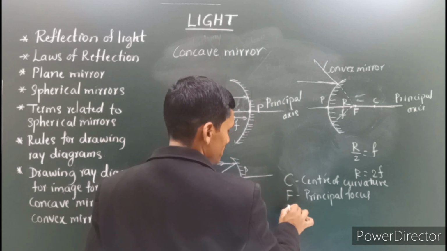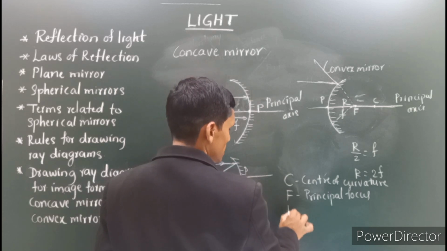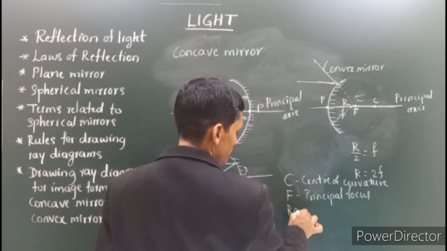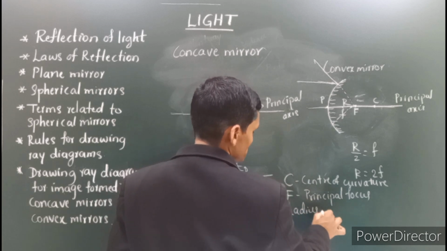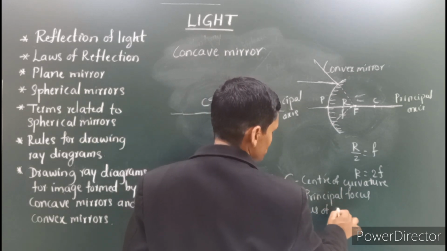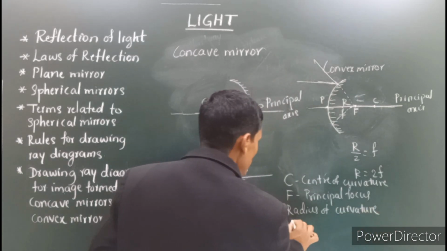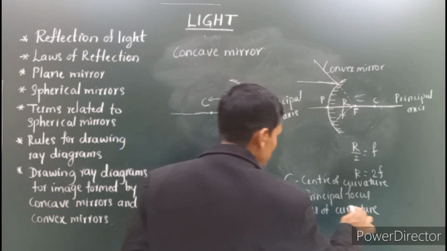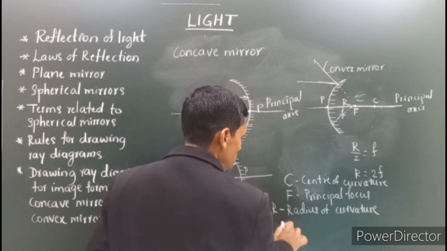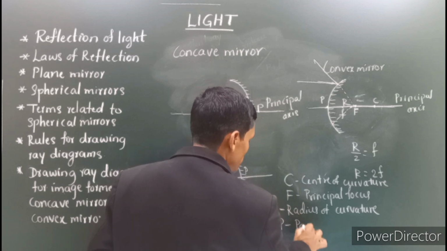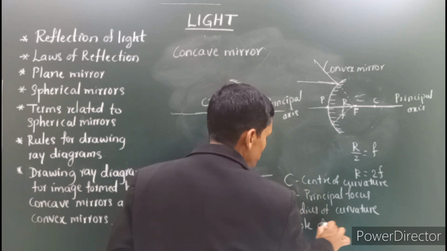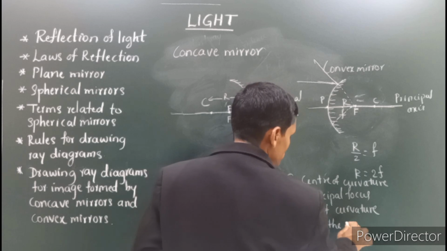Next, we learned principal axis, and radius of curvature, that is R. P means the pole of the mirror.